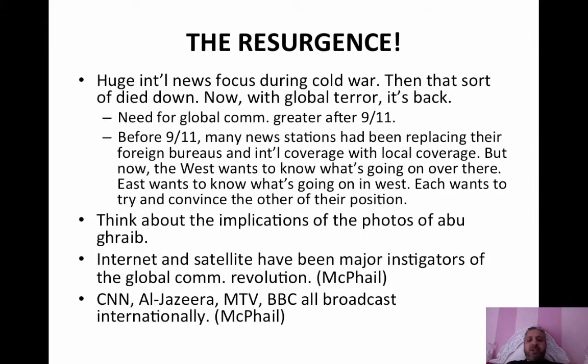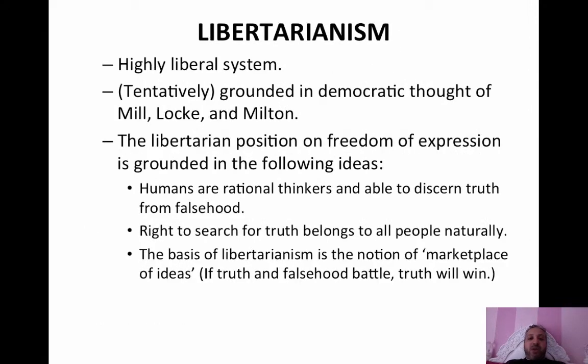We talked a little bit about international news and the resurgence after 9/11 with that. And then we looked at some of these different models for international communication. And really, these are political models. They're not just models of international communication or media, but they're models for political systems. And the point, guys, is that you've probably noticed this, but the political system and the media system are tied at the hip.